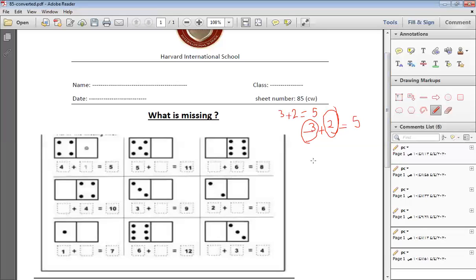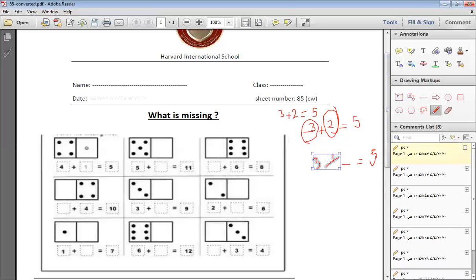Okay. If he writes for me 3 plus, then an empty space, and then equals 5. Is he asking here about the total?